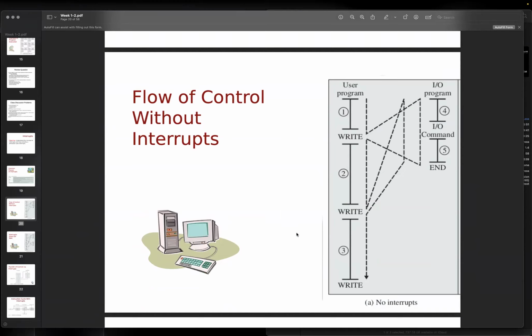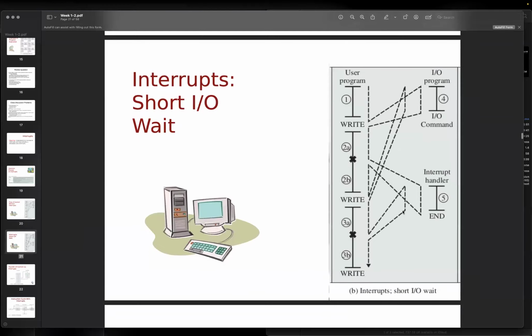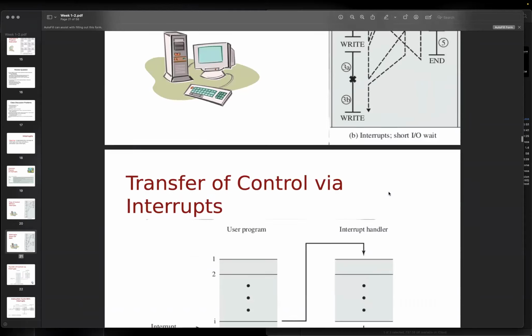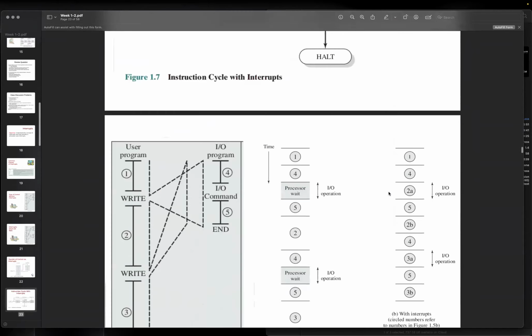But in really outdated designs from a long time ago, without interrupts we had to wait for the I/O input and wait for the computation. When we have interrupts, we just have a shorter I/O wait, and then we go back and wait for the next interrupt. That is the idea of interrupts.